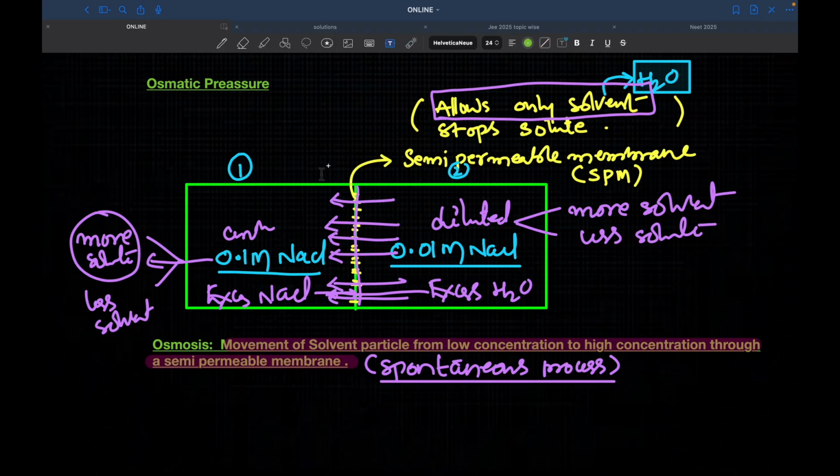And we have one more process. Generally we know it. We call it reverse osmosis. How should we define reverse osmosis, tell me. It is the opposite of this, right?